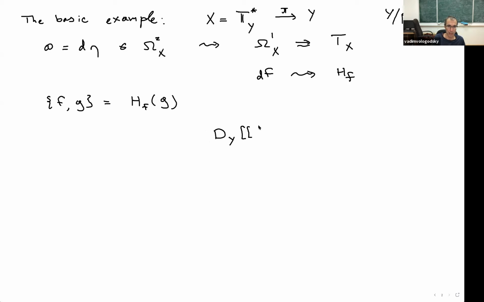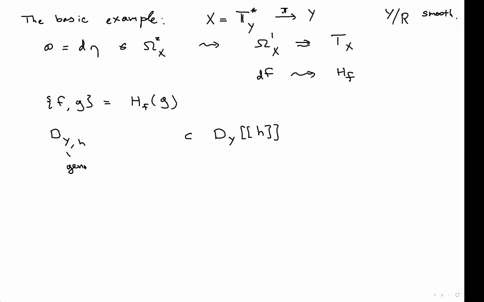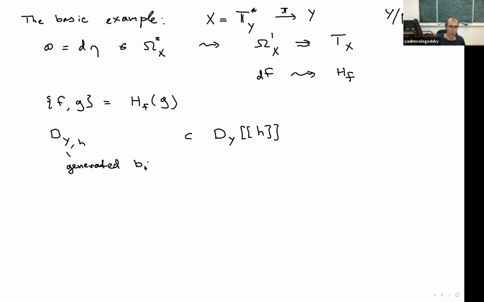You consider power series with coefficients in differential operators, and here you consider the subalgebra D_h, called asymptotic differential operators, which is generated by functions and h times vector fields on Y. This is still a sheaf of algebras on Y, and if you mod it out by h, you get the commutative algebra, the symmetric algebra of the tangent sheaf.